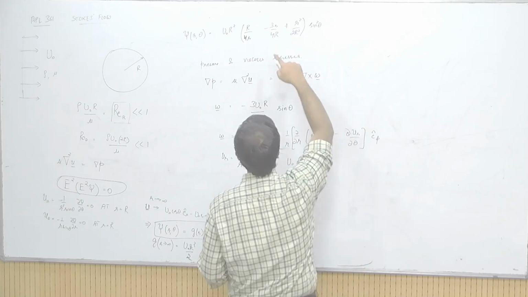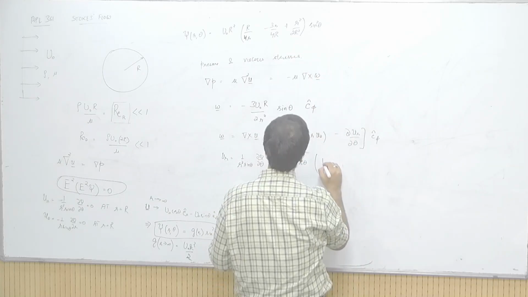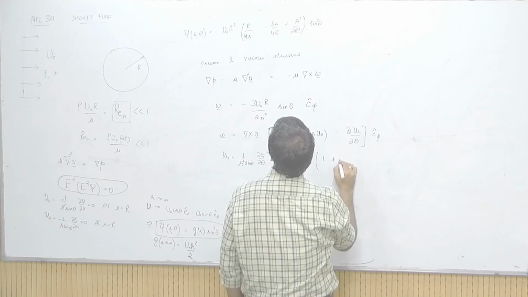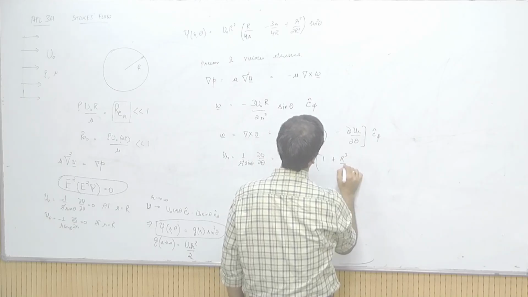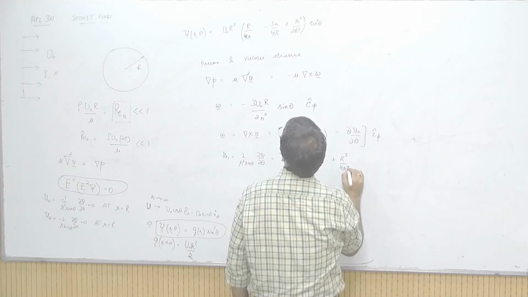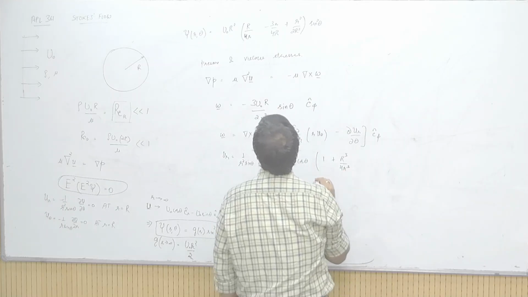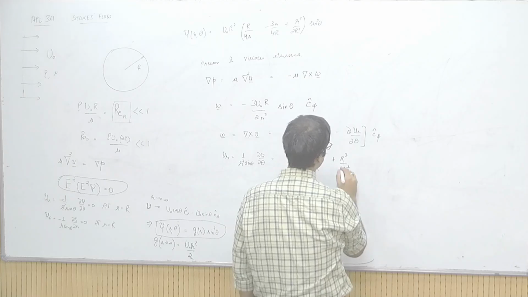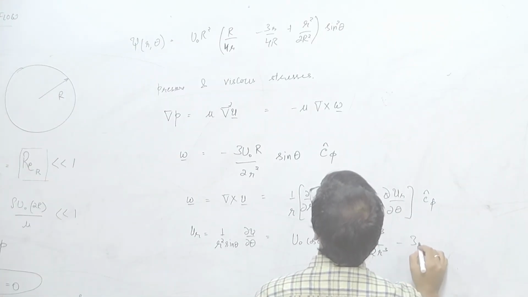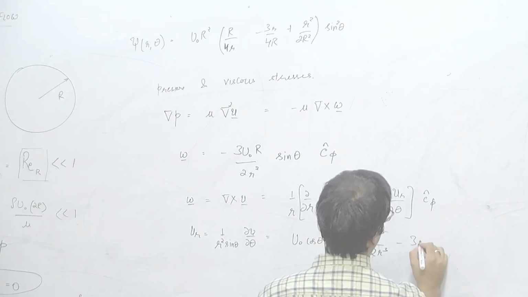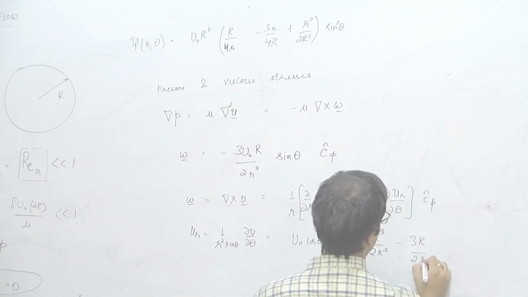Then there will be a 2 multiplying, so you will get 1 plus R cube over 2 r cube, and a minus 3 R over 2 small r.